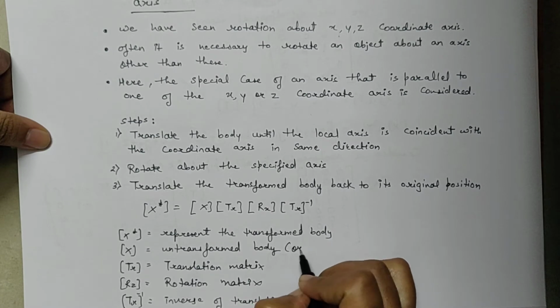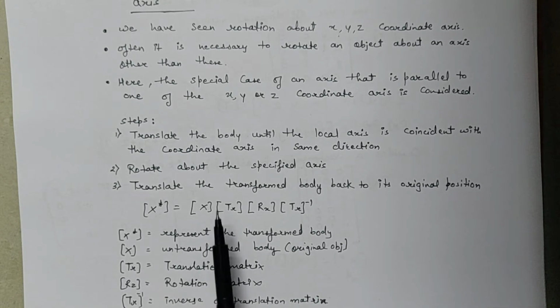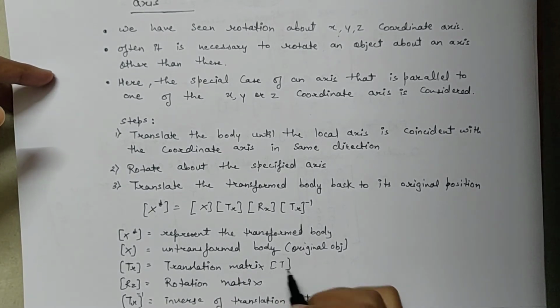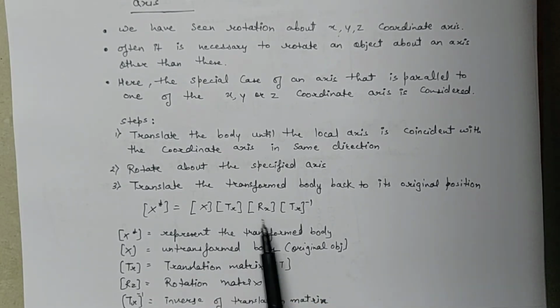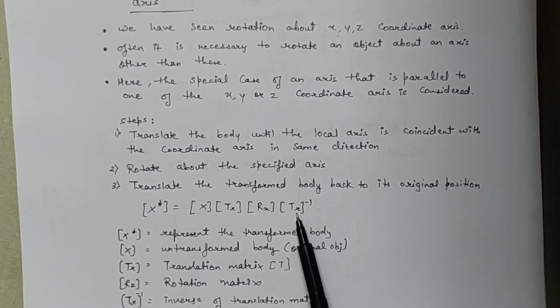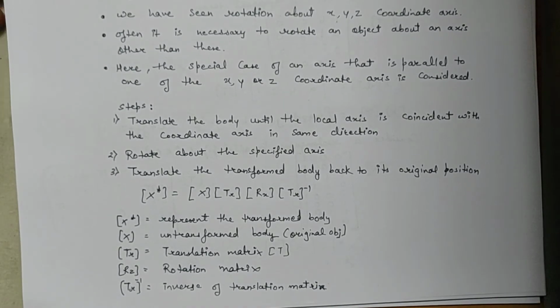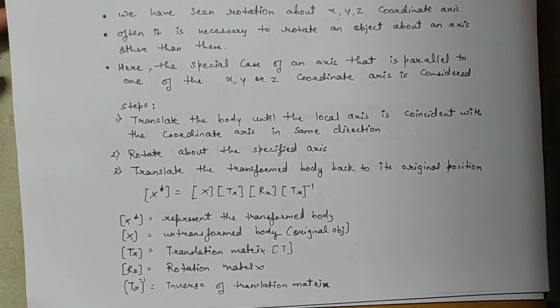T means the translation matrix, Rx means the rotation matrix along the x-axis, and T inverse means we are bringing back the object to its original position. So we have taken the translation matrix inverse. This is the formula to calculate a 3D rotation about an axis parallel to a coordinate axis.